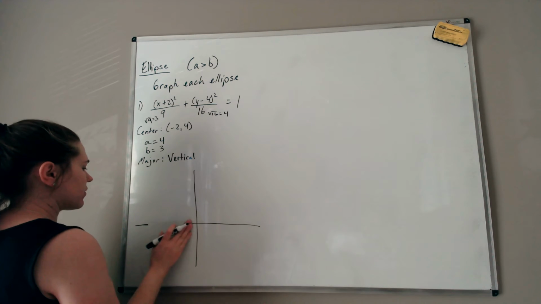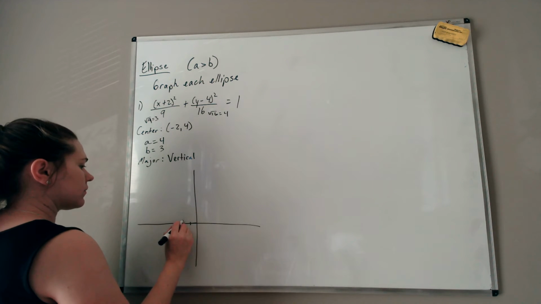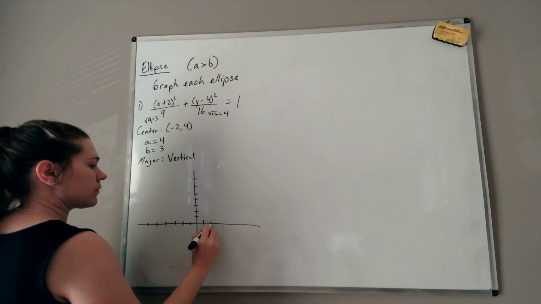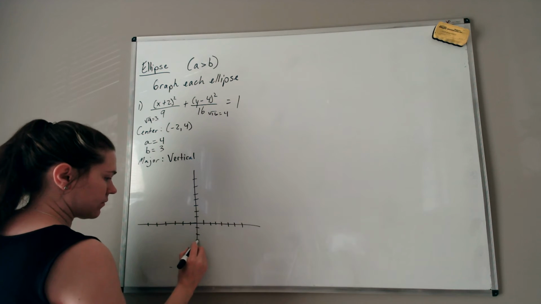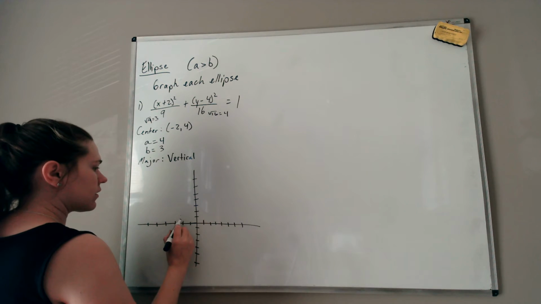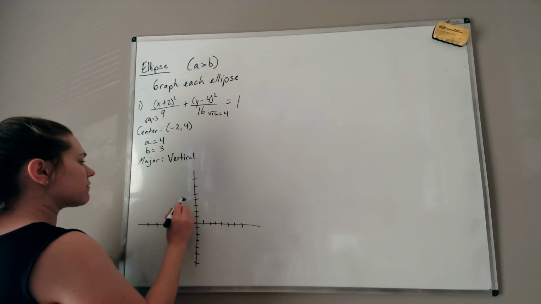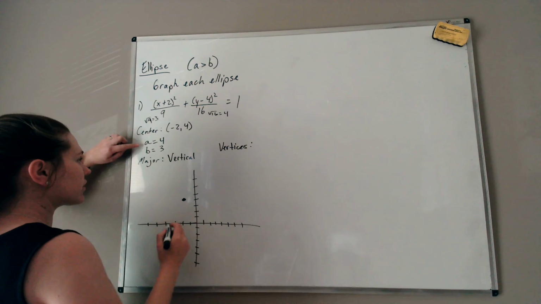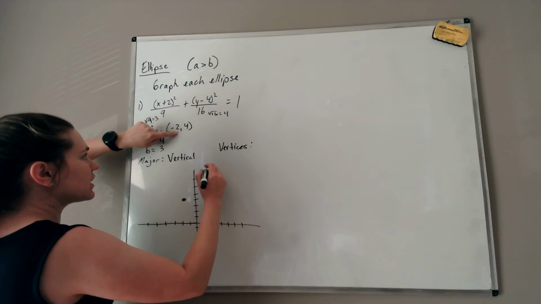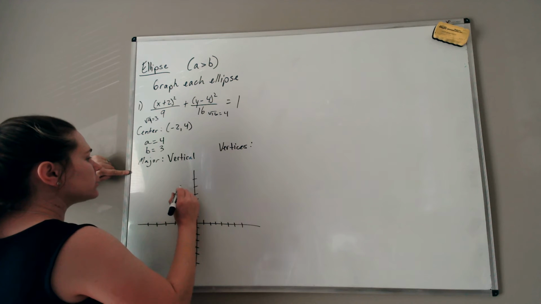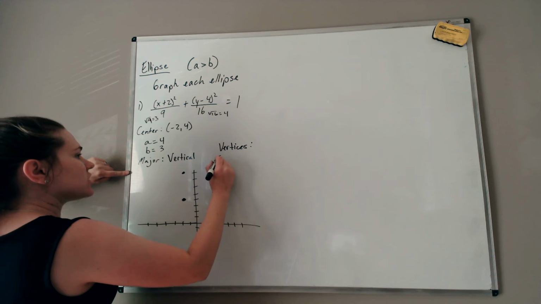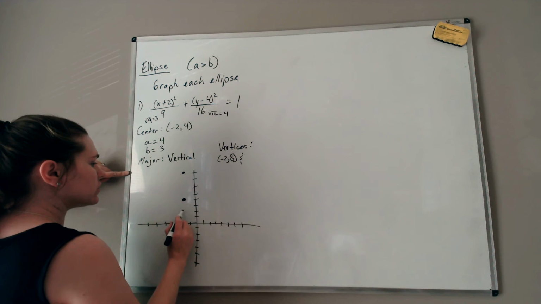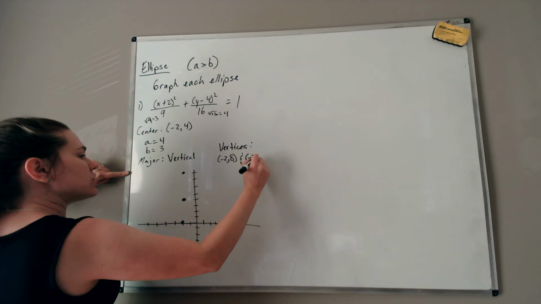So when I sketch this, I start at -2, 4. My vertices are going to fall up and down because the major axis is vertical, so I go up 4: 1, 2, 3, 4, that's the point -2, 8, and down 4: 1, 2, 3, 4, that's the point -2, 0.